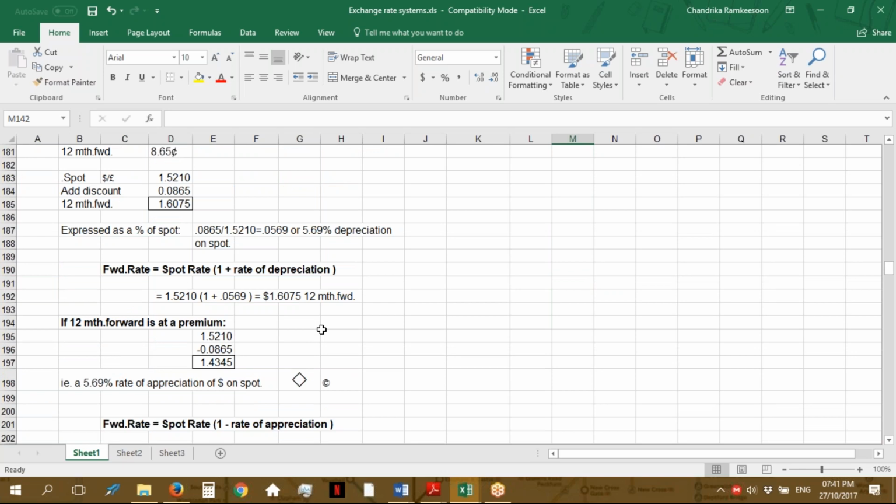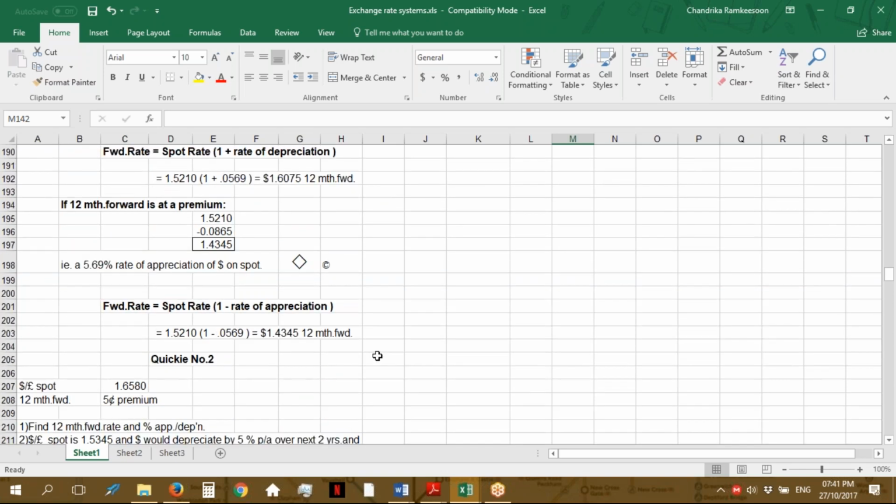Now, the examiner may actually expect you to use the rates in a slightly different way, using something called the interest rate parity theory. That is also highly examinable, and we'll talk about that shortly. I thought it fit to run through this because of its importance as we look at the actual hedging techniques.